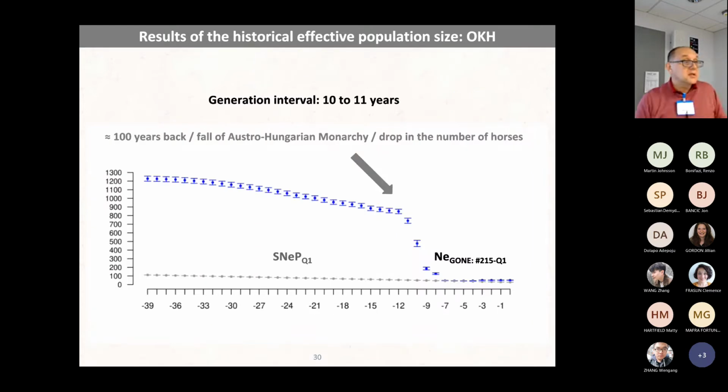Then we did historical estimation of effective population size by GONE, and GONE showed that our Kladrub population had a rather constant number, but it was much bigger some 11 generations back. The generation interval for the Kladrub horse is around 10 to 11 generations.